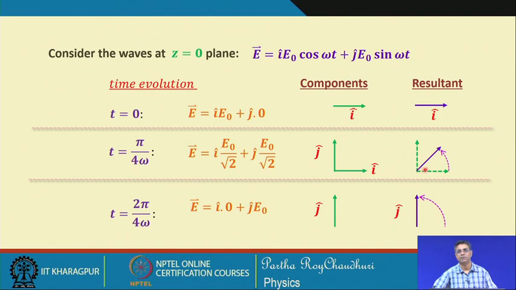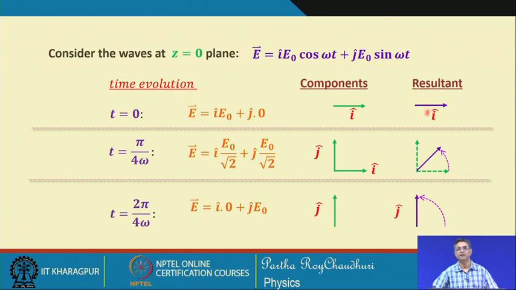So, the resultant amplitude is now along this direction. At time t equal to twice pi by 4 omega, because of the pi by 2 phase factor, this becomes 0, but this becomes equal to 1. So, the entire electric field amplitude is along the positive y direction, and the resultant field is also along the positive y direction.